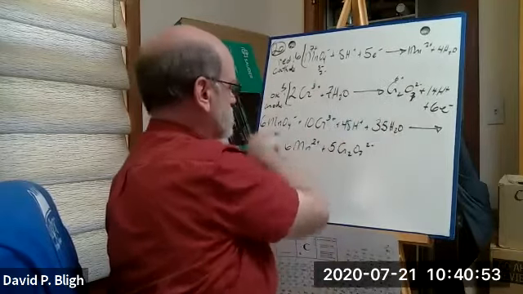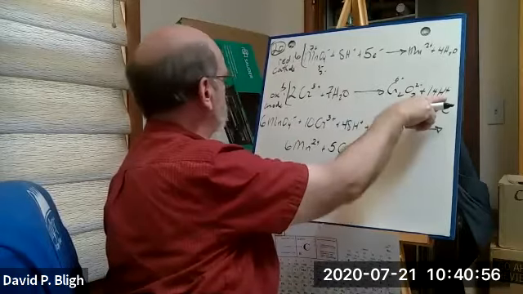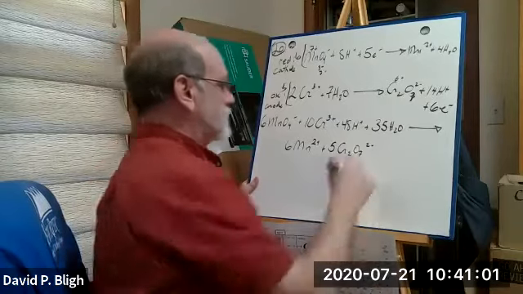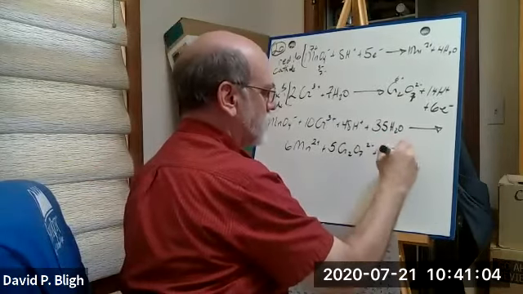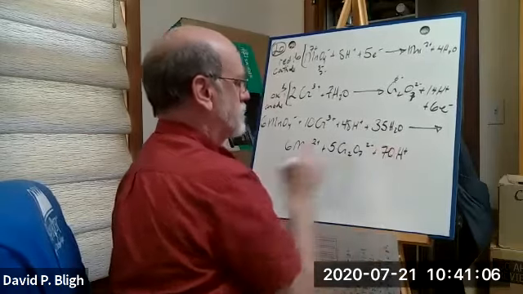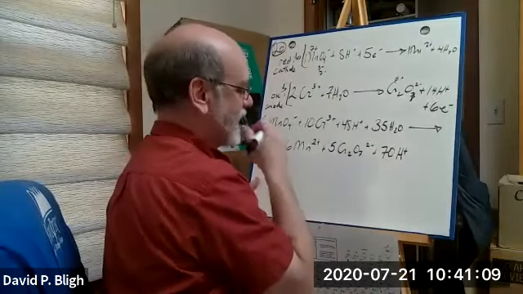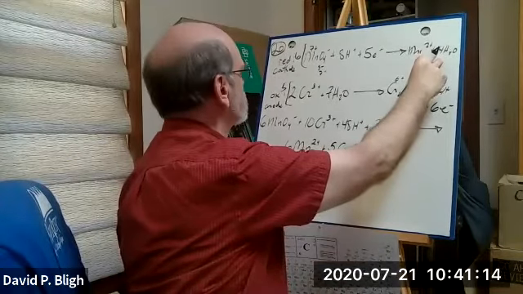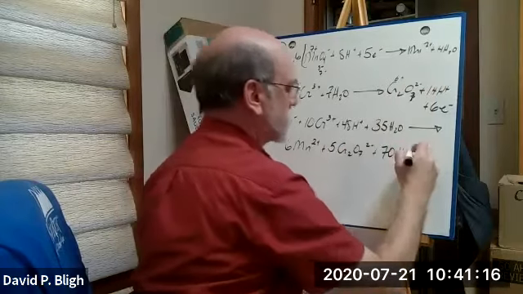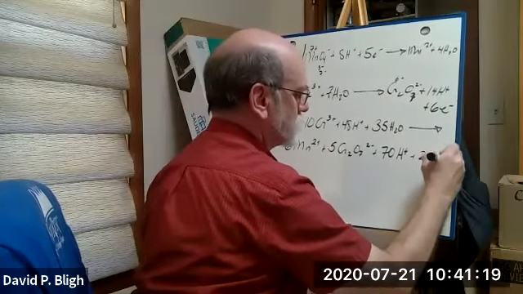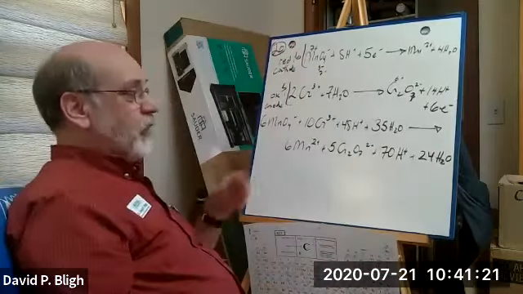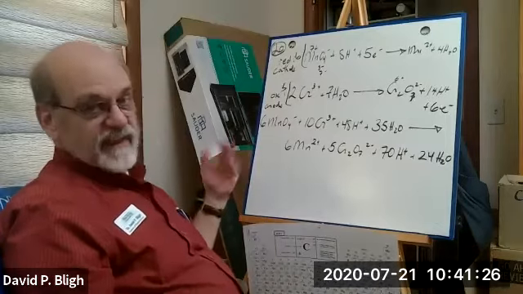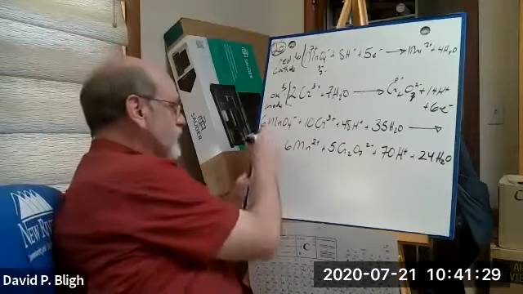We have hydrogens: 5 times 14 is 70 hydrogens, and 24 waters. Now what's n? How many electrons were transferred? 30. 30 electrons.